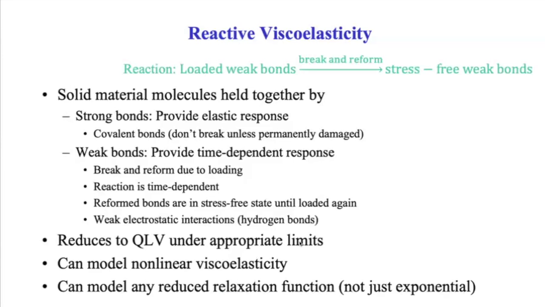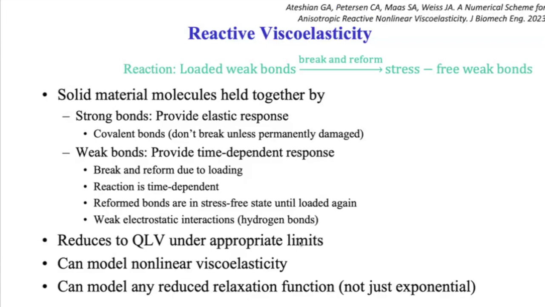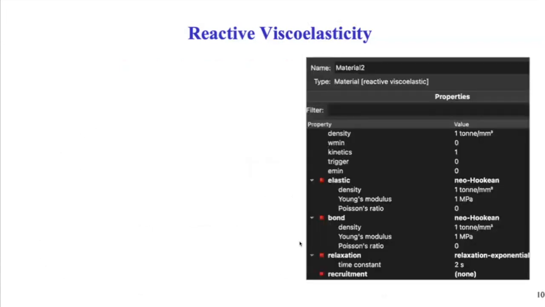It's not as efficient as running a quasi-linear viscoelastic model because we wanted to be able to use relaxation functions that are not exponential. Even if you assume strain-independent relaxation, we didn't want just exponential functions. And the only way you can run quasi-linear viscoelasticity efficiently numerically is to assume that the relaxation is exponential, in which case you have to use a Prony series. So we wanted to avoid these limitations.